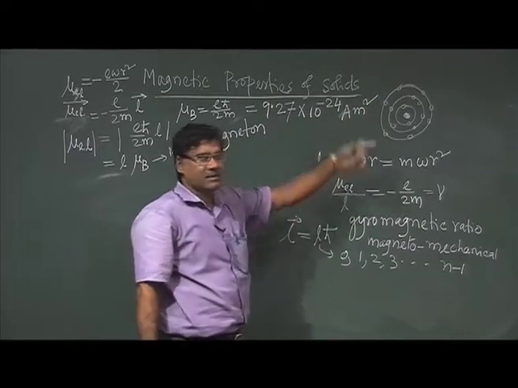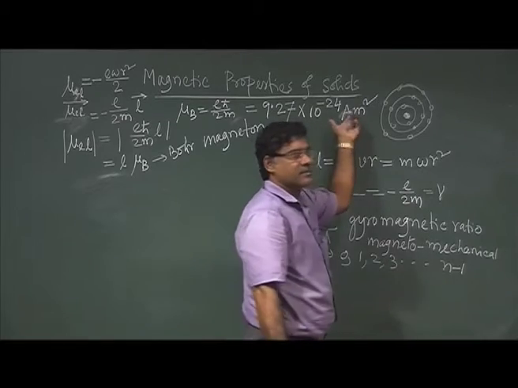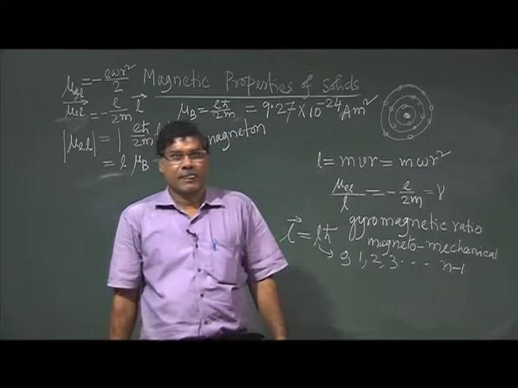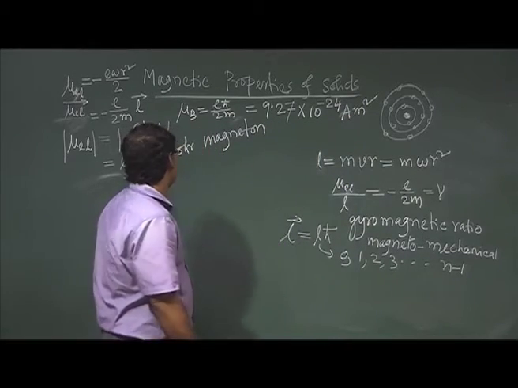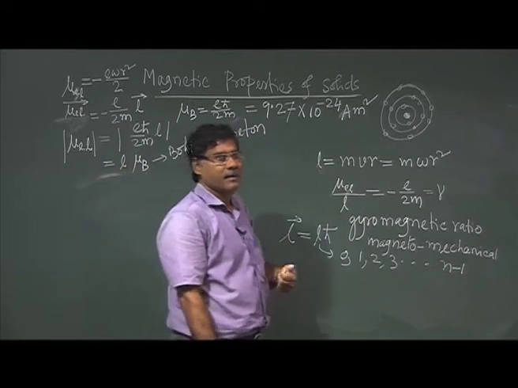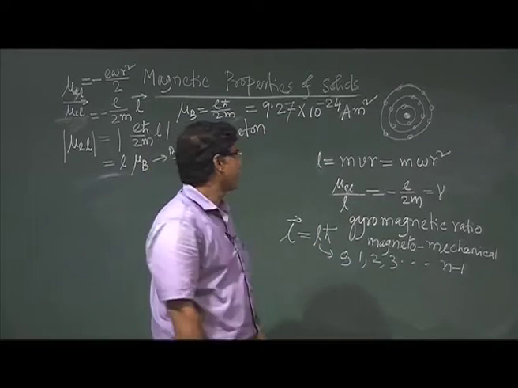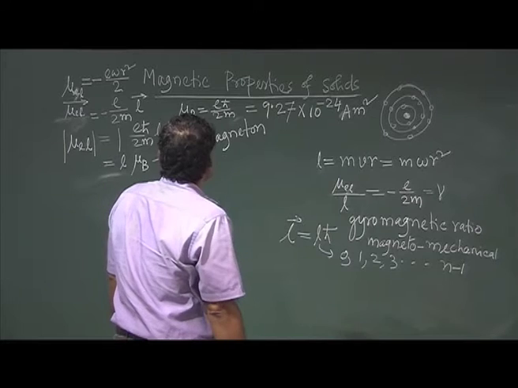Okay. So, that is in SI unit, current times meter square, because μ equals IA, current and area in meter square. Okay.